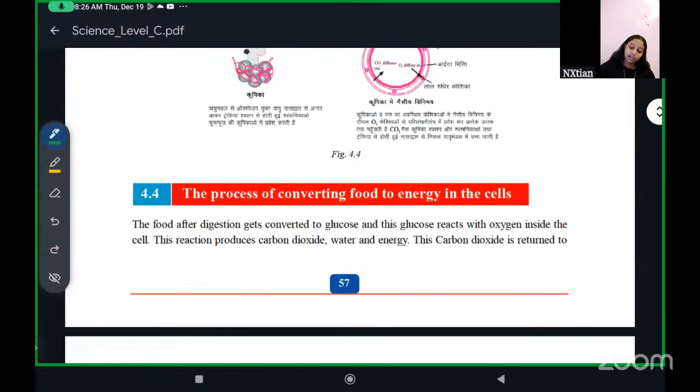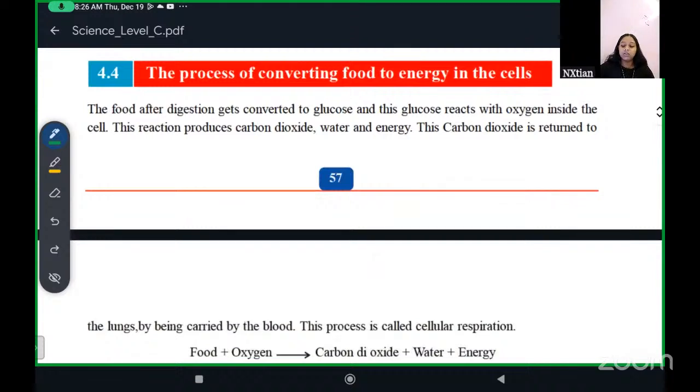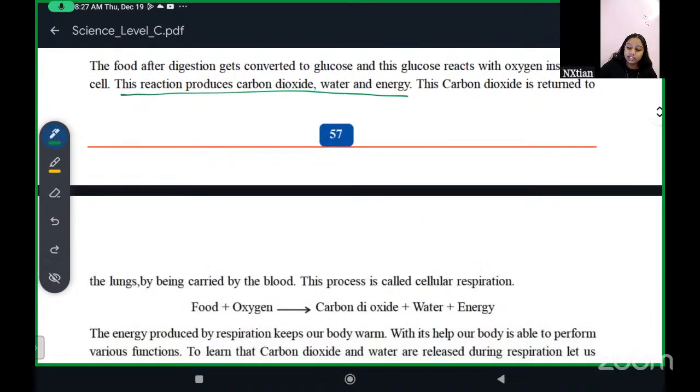Now, the process of converting food to energy in the cells. The food after digestion gets converted to glucose, and this glucose reacts with oxygen inside the cell. This reaction produces carbon dioxide, water, and energy. This carbon dioxide is returned to the lungs by being carried by the blood.